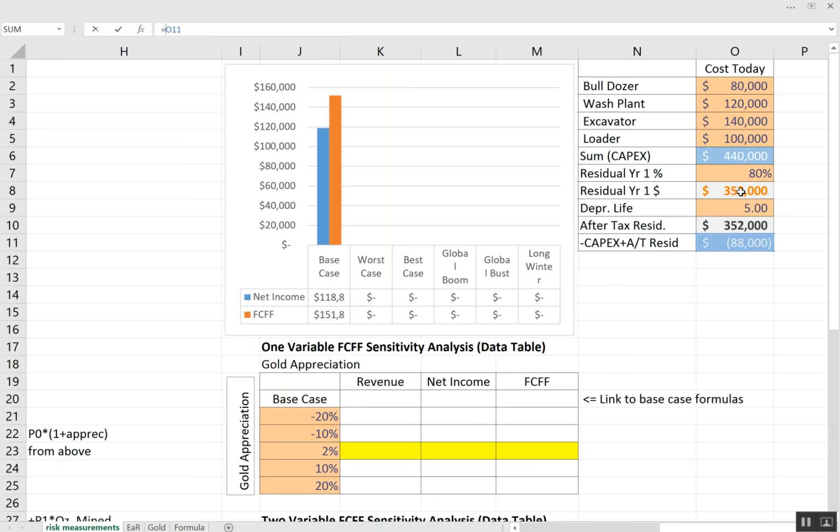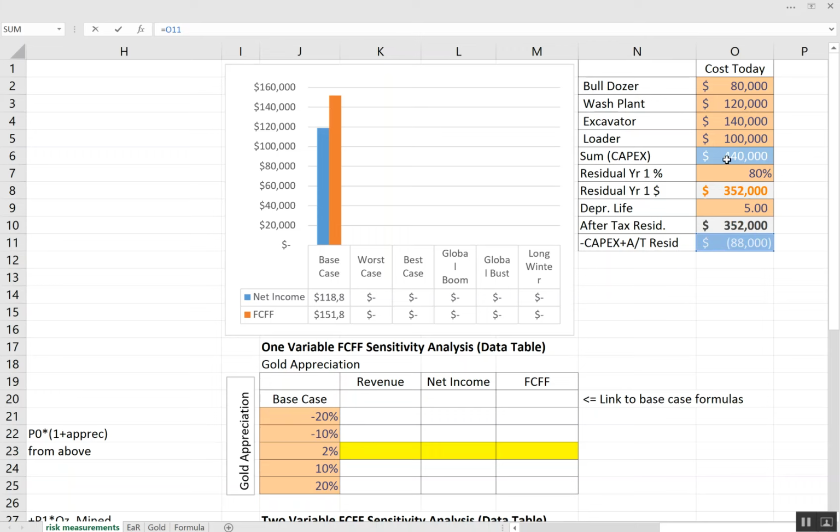Again, we're going to amortize it over 5 years, but then we're going to sell it at the end of the first year. I then calculated the after-tax residual, that if you sold it for $352,000 and then pay taxes on the difference between that $352,000 and the book value, I wind up with this after-tax cash flow. And then I just did a summation just to make it simple.